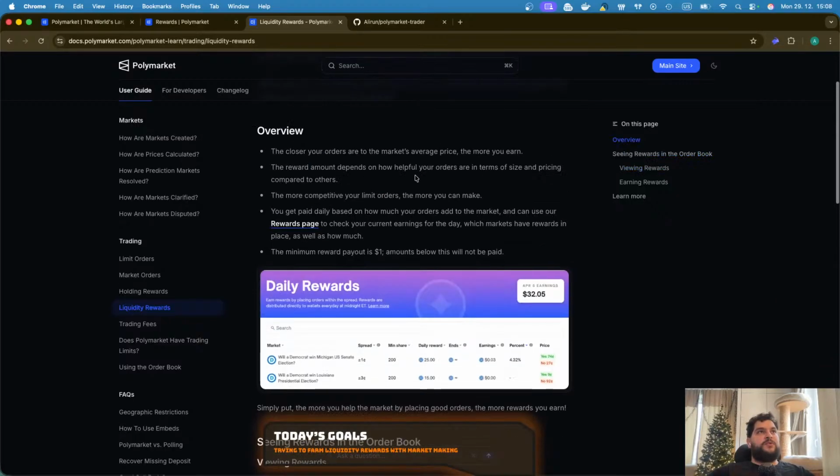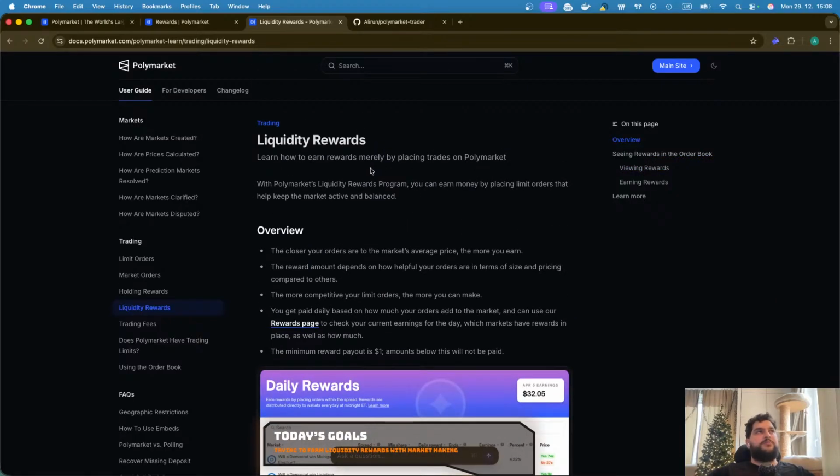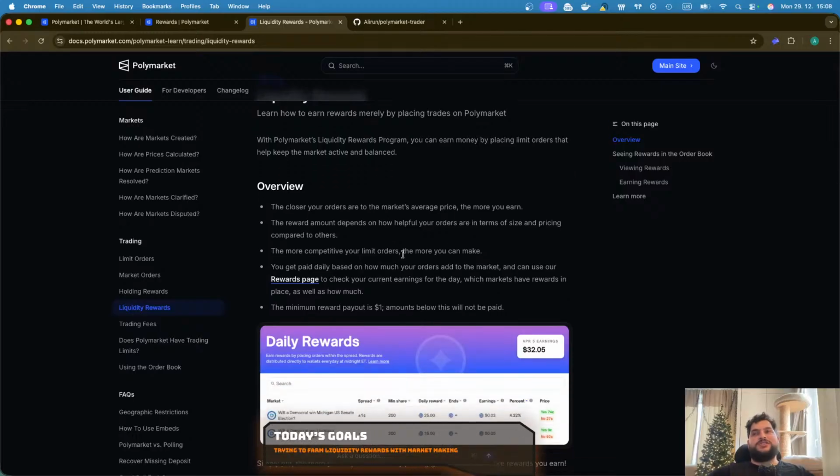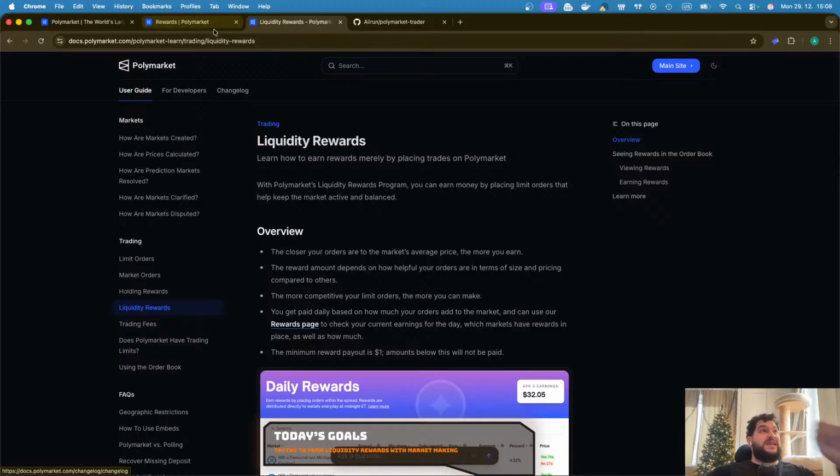And this is of course a very important part for any market, any exchange like Polymarket, because there is no other way to bootstrap the liquidity for your platform. I mean, probably there are, but this one is the easiest. You just need to define the market and the reward, and everyone will go ahead and try to catch it.